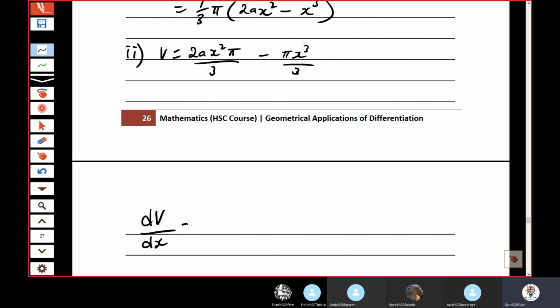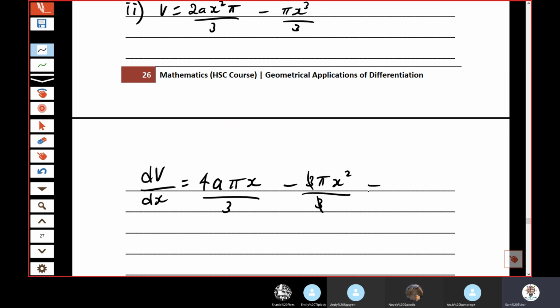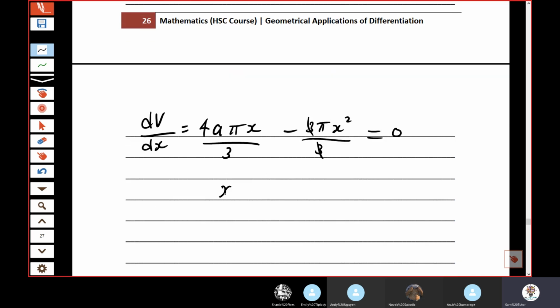dV on dx. Bring the 2 down: 4a pi x on 3. Bring the 3 down: 3 pi x squared on 3. Equals what? 0. Factorize x out, and times everything by 3, so we can get rid of this annoying 3 here.